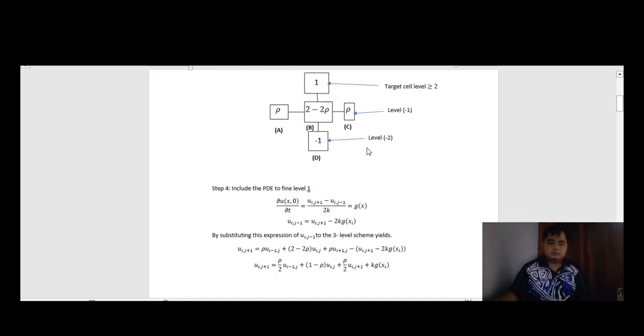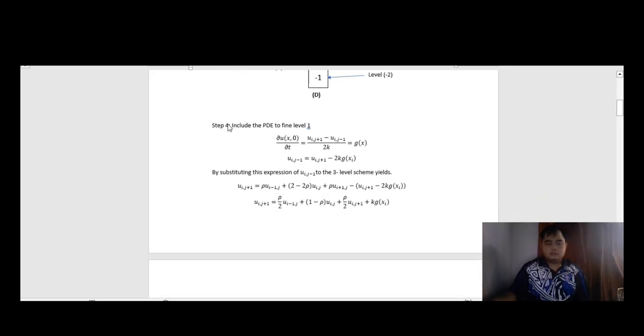Okay, step 4 we're going to use the PDE again to define level 1. Okay, here is the formula. Okay, the difference above in the second column is 2k.